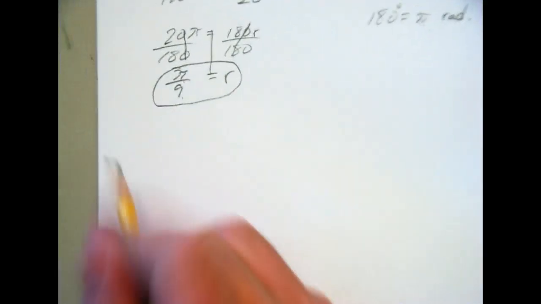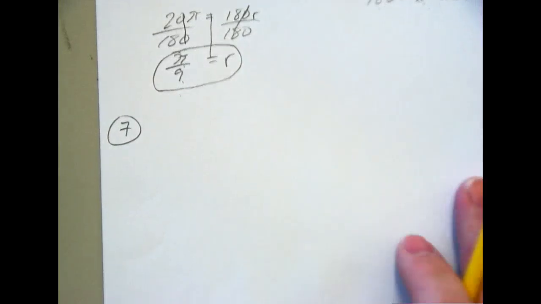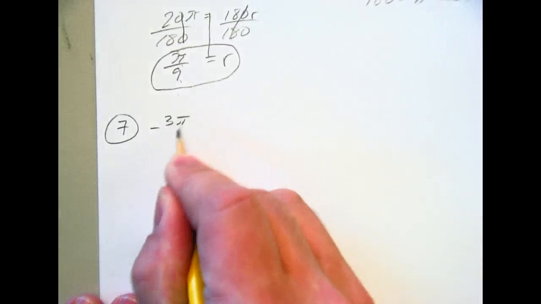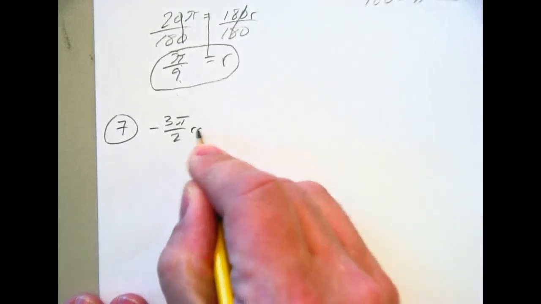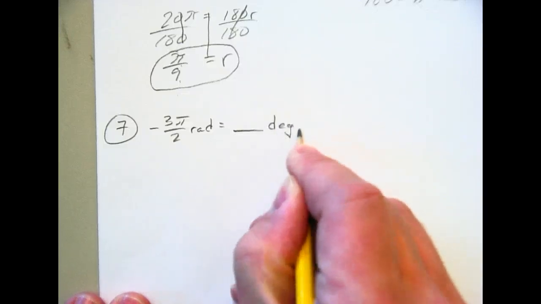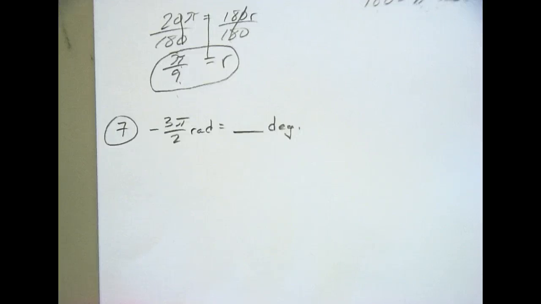Hey, let's take a look at number 7. You can go the other way this time. We're going radians back to degrees. So number 7 says convert negative 3 pi over 2 radians to degrees. Okay. Can we use the same formula? Yeah, we could.